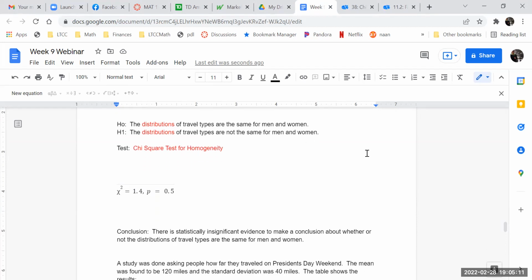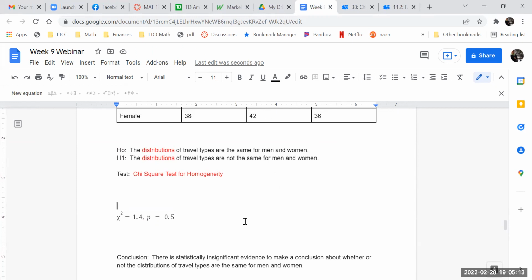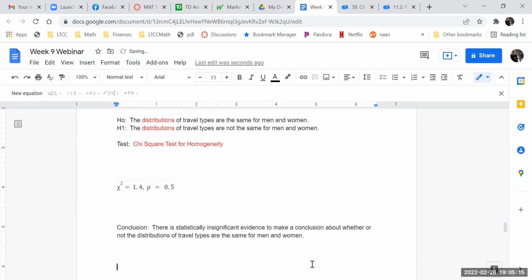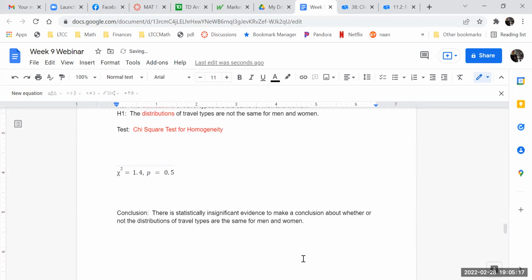And when there's a giant p-value, hopefully you know that you can say there is statistically insignificant evidence to make the conclusion about whether or not the distributions of travel types are the same for men and women.